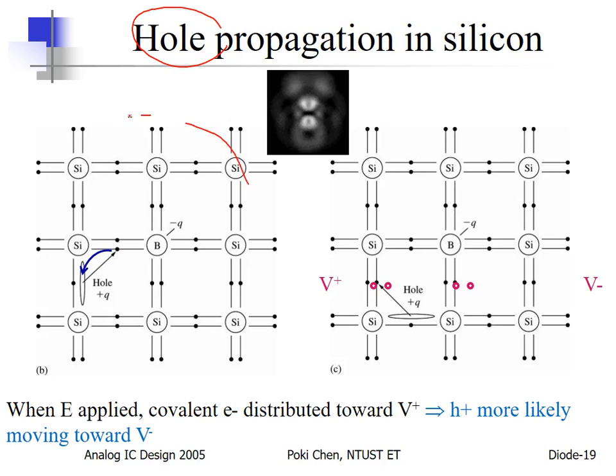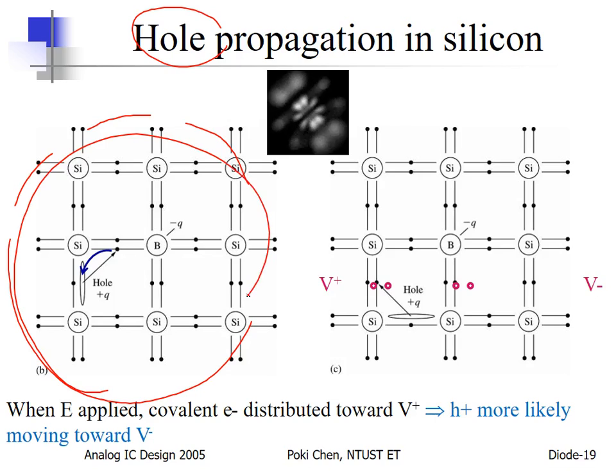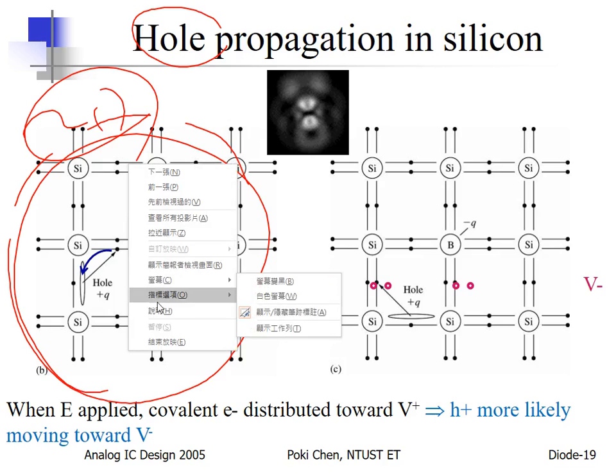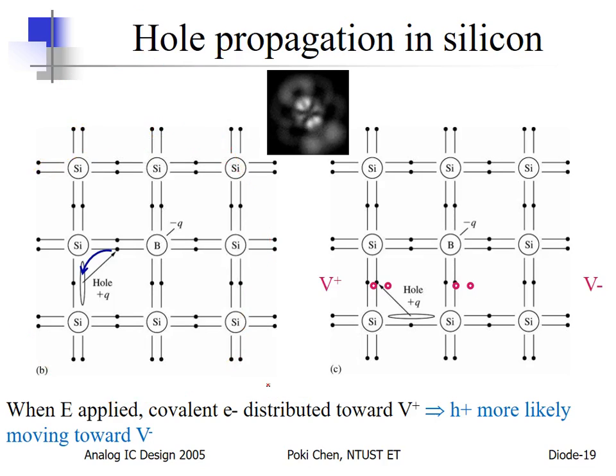For example, this is the intrinsic silicon lattice without applying any voltage or electrical field. They look like this two-dimensional model, not so accurate, but easy to understand. So for the hole here, why is there a hole? Because according to thermal generation, the valence electron here goes away. So it leaves a vacancy, a hole here, right?